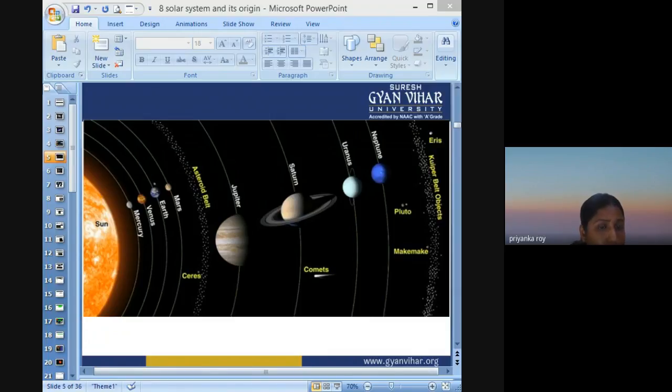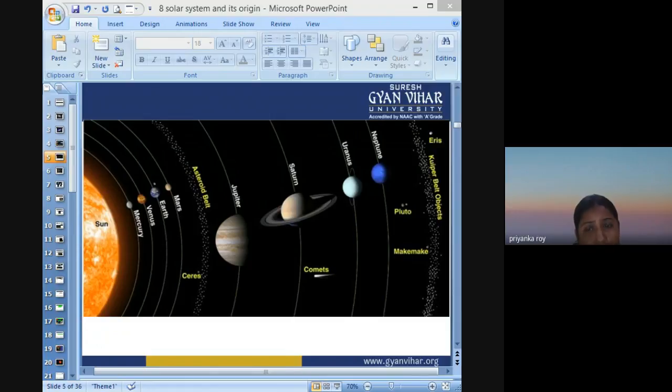So our solar system extends much further than the eight planets that orbit the Sun. The solar system also includes the Kuiper belt that lies past Neptune's orbit. It is a sparsely occupied ring of icy bodies, almost all smaller than the most popular Kuiper belt objects, the dwarf planets.